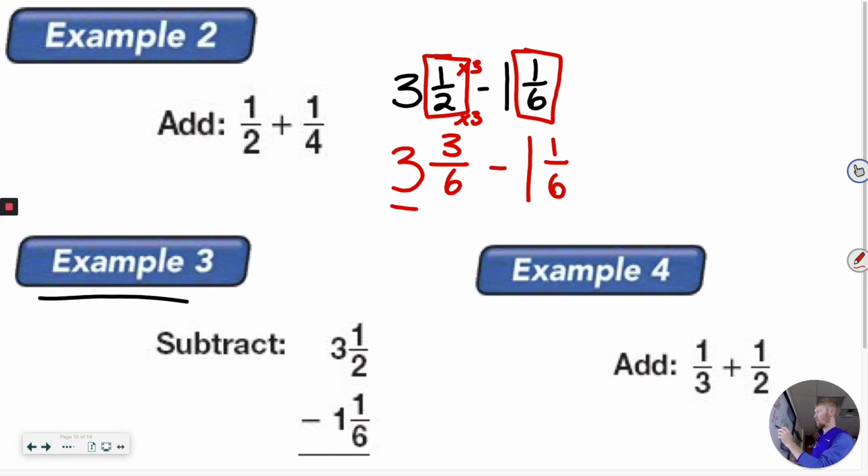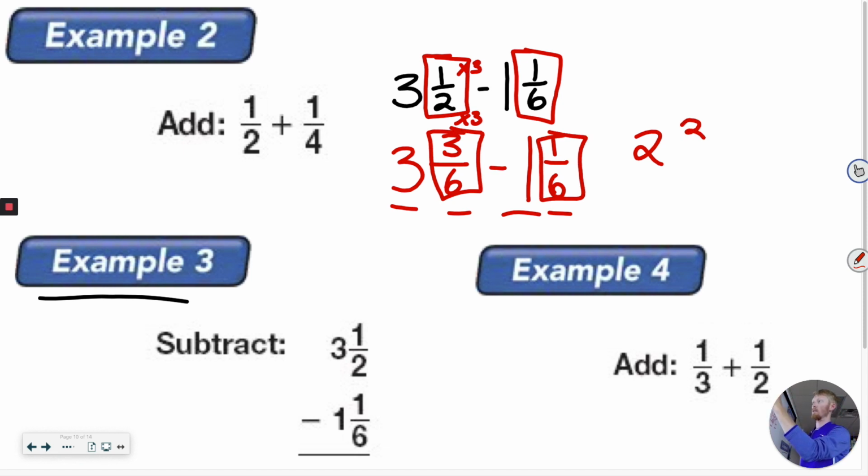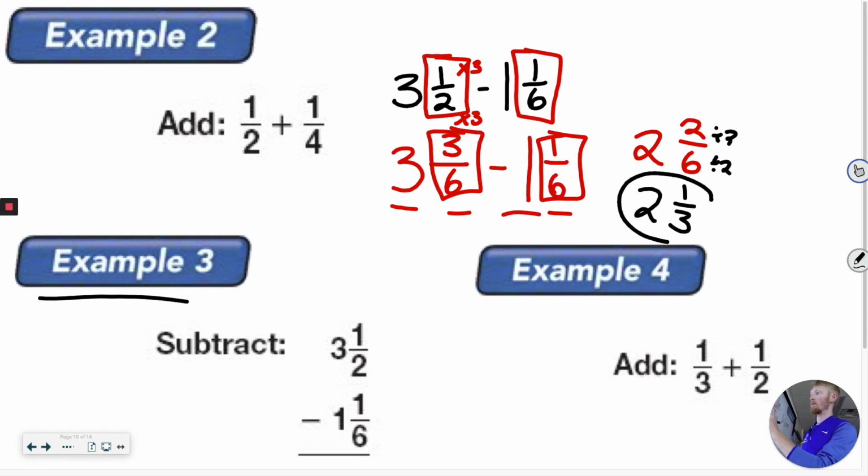So whole number and whole number, fraction and fraction. 3 minus 1 is 2, and 3/6 minus 1/6 gives me 2/6. So 2 and 2/6. And one last step is you need to simplify. You need to reduce. So this would become divide by 2, and this becomes 2 and 1/3 as my final answer.